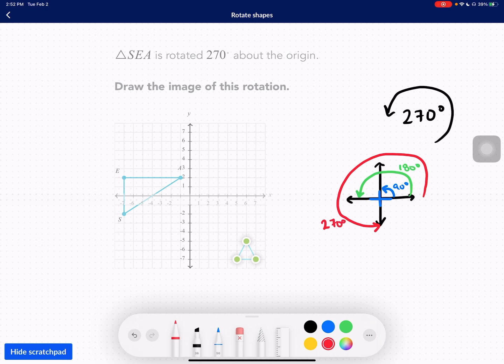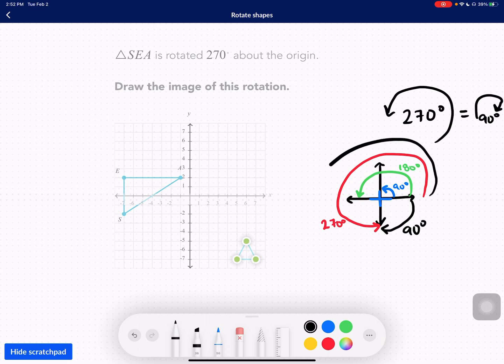So you notice here that 270 is also the same as going this way, 90 degrees. So rotating counterclockwise 270 degrees is the same as rotating clockwise 90 degrees. Which one do you think would be easier to do, to go all the way around like this, or to just rotate 90 clockwise? Okay, so this is where you want to really understand what they mean by rotating. I think the 90 degrees would be way easier to rotate, just clockwise.